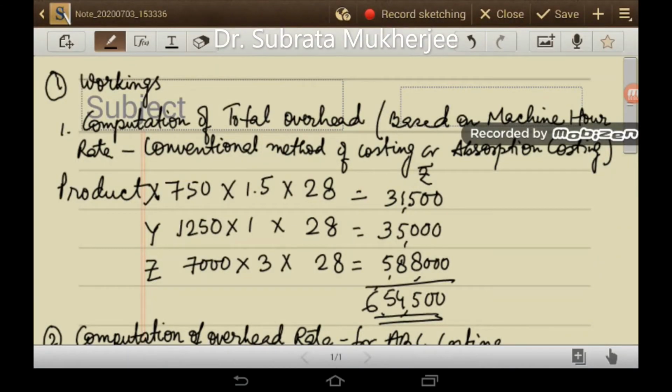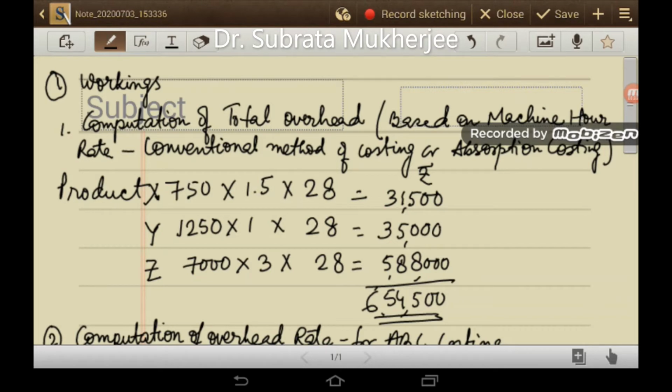In this problem we will prepare 2 workings. Number 1 is the computation of total overhead based on the machine hour rate, the conventional method of costing or absorption costing. So for product X, what is the total overhead cost we have incurred? 750 units were produced, 1.5 hours of machine is required and the machine hour rate is rupees 28. So overhead for product X is 31,500.